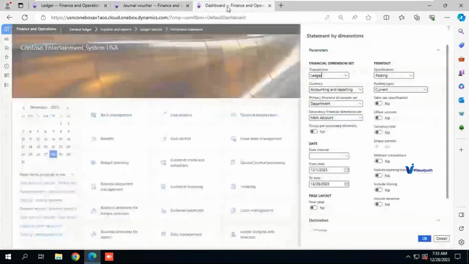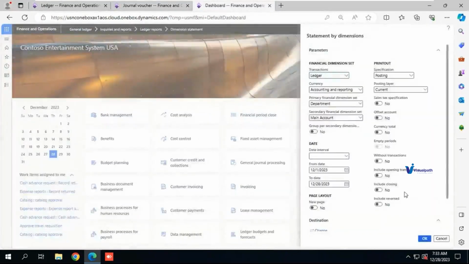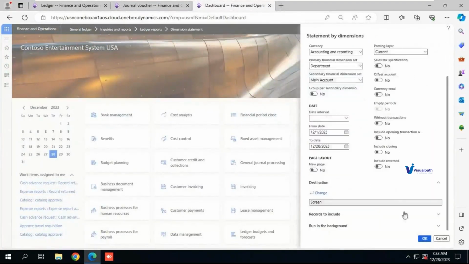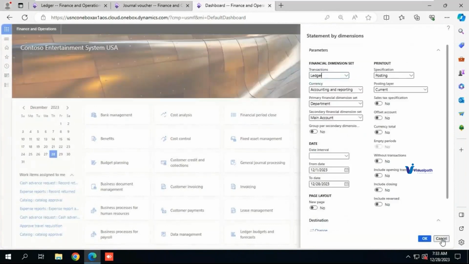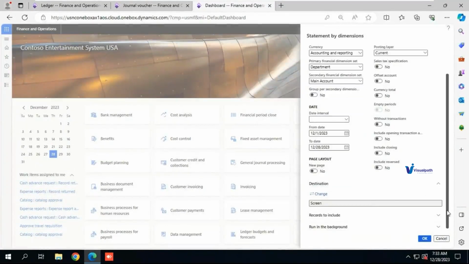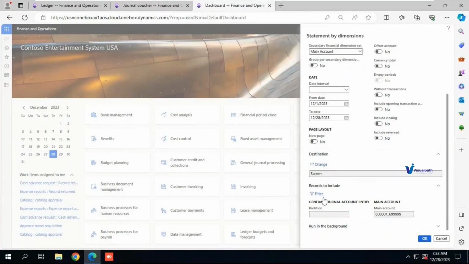Now I'm generating the report for this account 6015. I'm using the filter here.